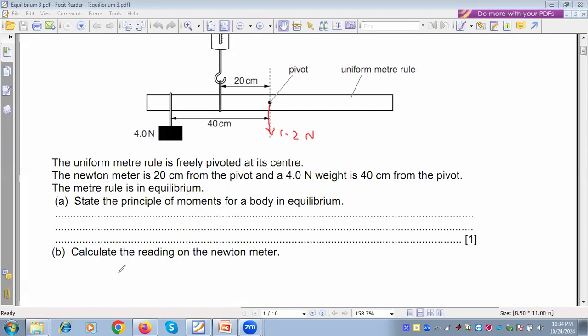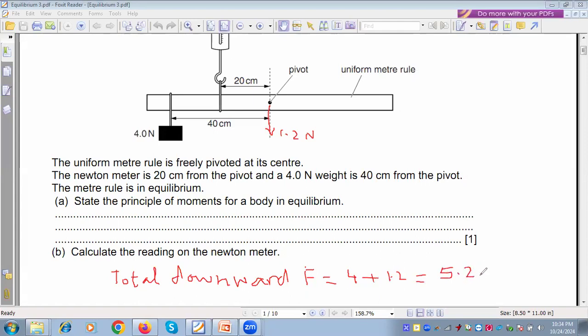What is the total downward force? Total downward force is equal to 4 Newton plus 1.2 Newton. Answer is 5.2 Newton.